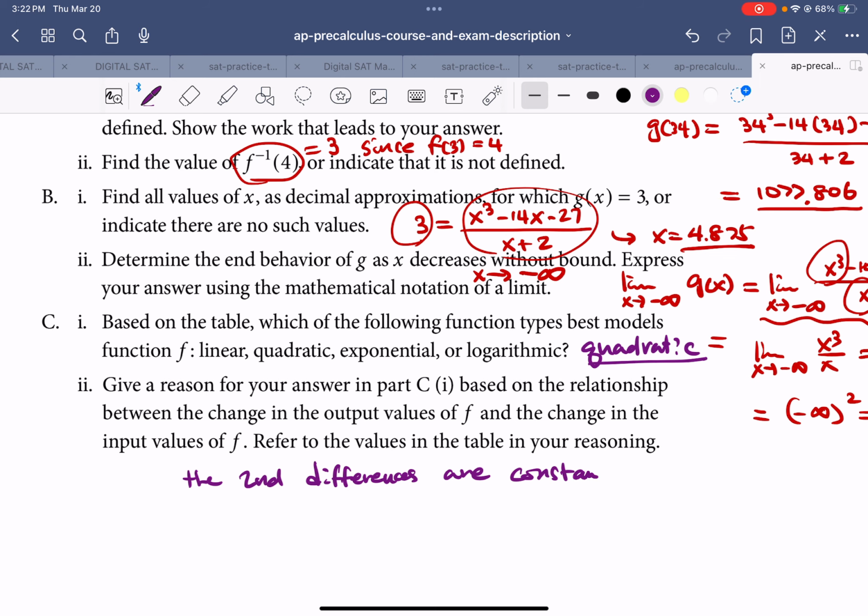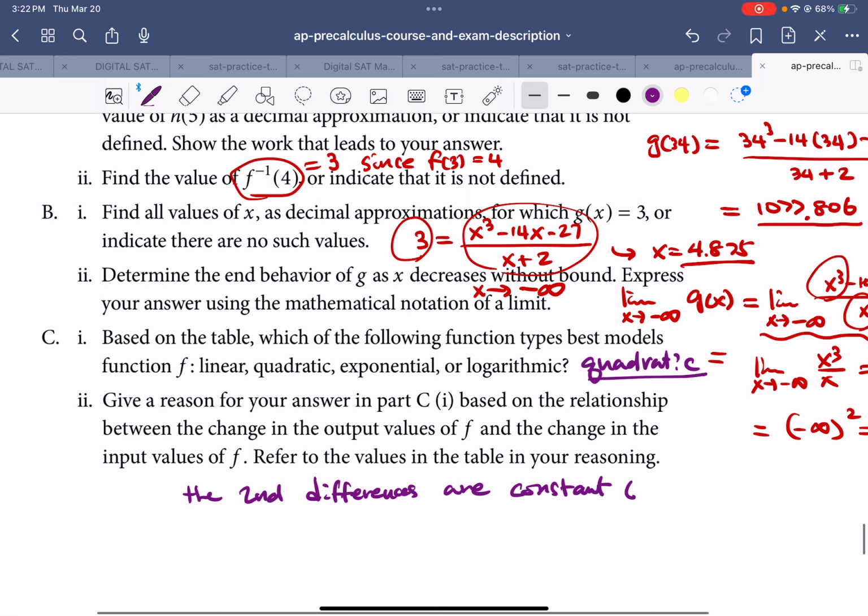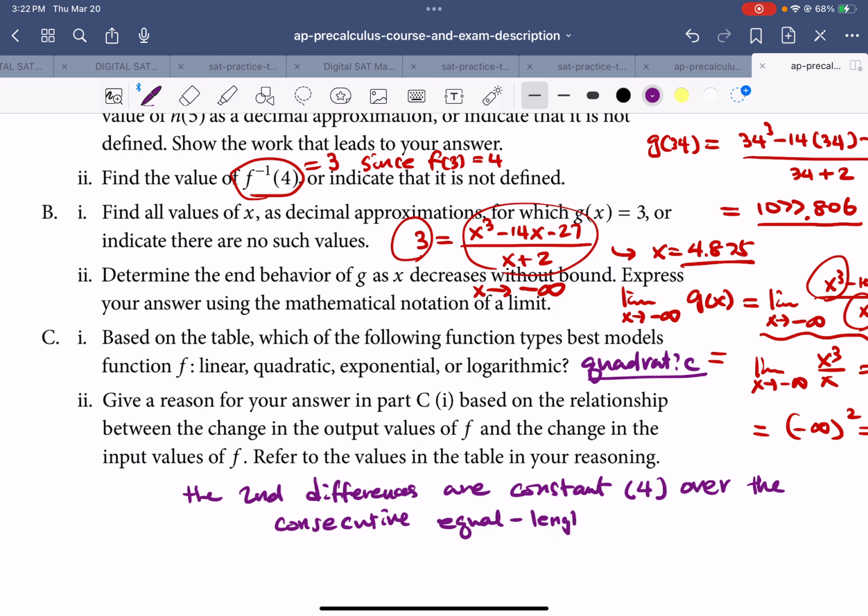In this case, it was a positive 4, over the consecutive equal length input value intervals.